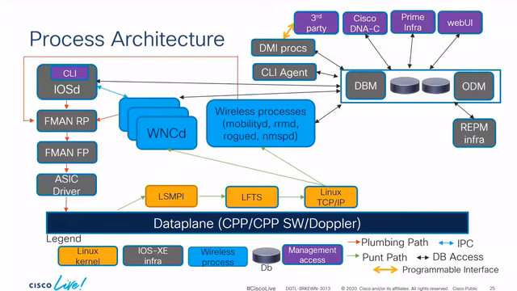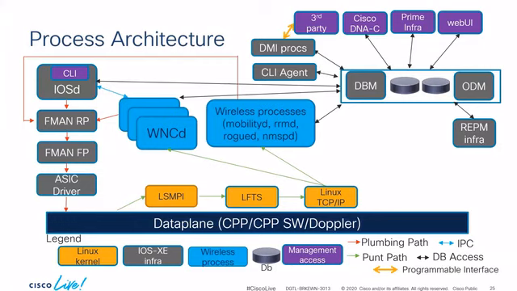Because each of the processes has its own database, of course, we are going to need a database manager. So we have two of them. One is a database manager that is more involved with the config data and system information, whereas we also have an operational data manager that is more into the statistics and the state of the particular AP, client or the mobility tunnel. So the two data managers exist.